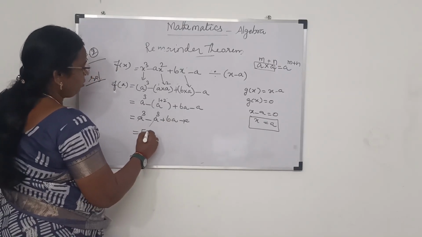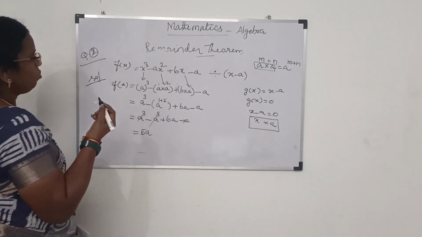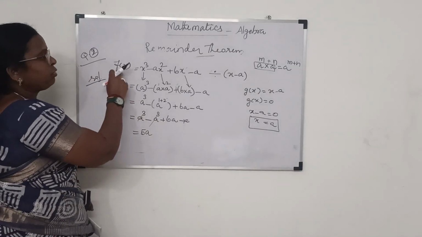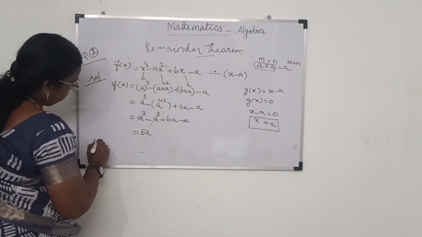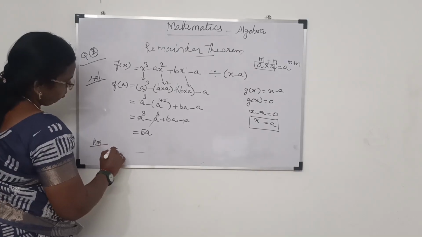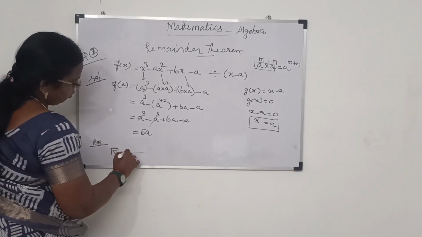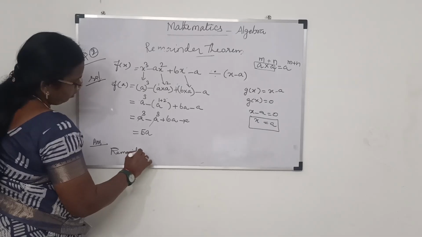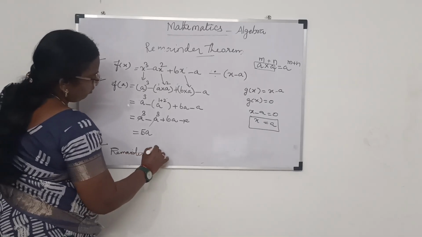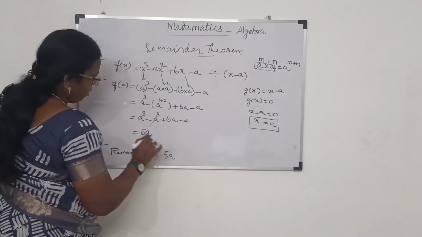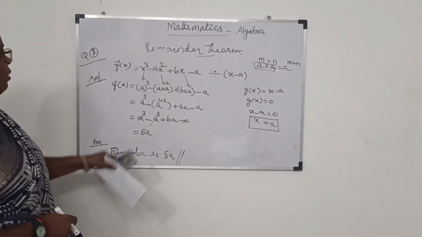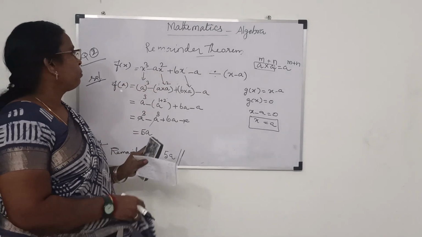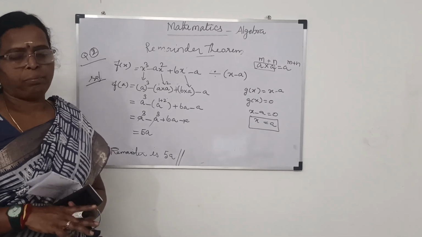So what is the answer? 5a. So when this f of x is divided by x minus a, the remainder is, what is the answer? The remainder is 5a. I have just substituted this x value wherever the variables are there in the polynomial.